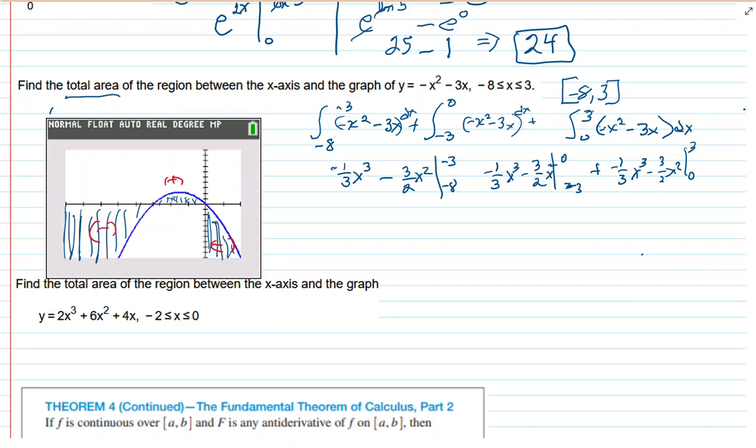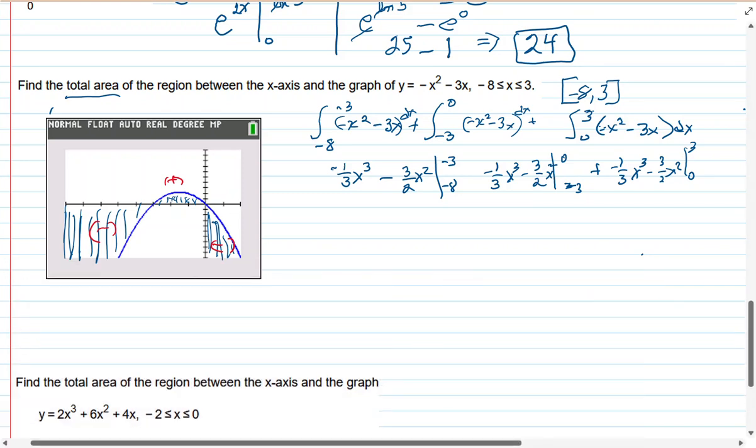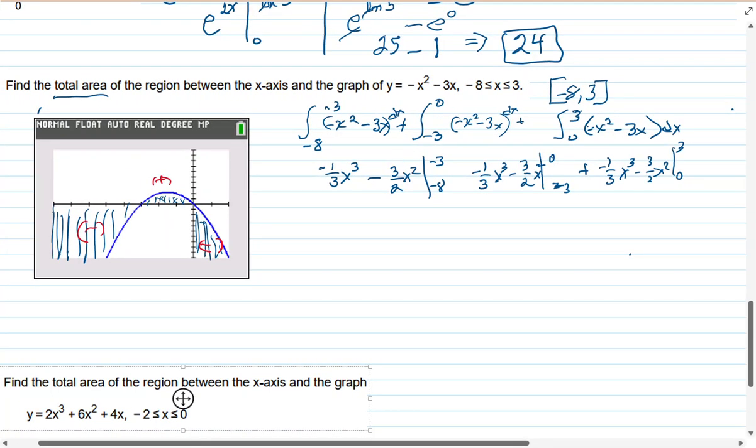All right, so let's see what we can do with this. Okay, again, we're going to do the math, and I'm going to do it on the calculator.